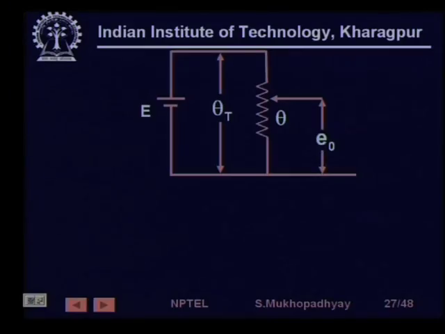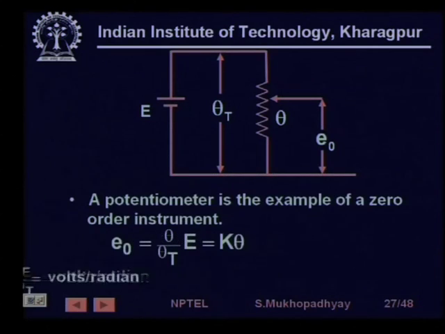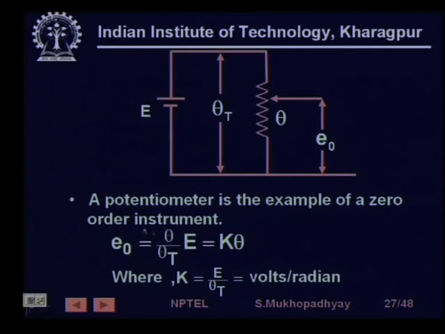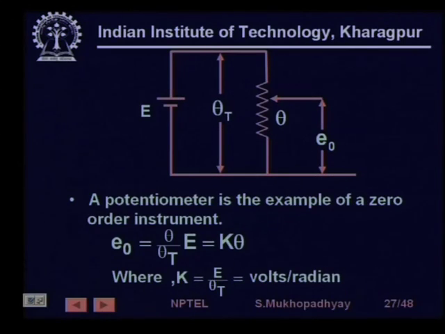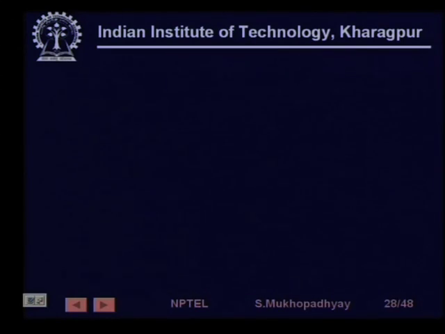The electrical behavior is so fast compared to that, you can just assume it to be a pure resistance, and then you have what is known as a zero order characteristic. So, the output voltage will be directly proportional to the displacement theta, let us say angular displacement. Potentiometers can be angular as well as linear. So the sensitivity of the potentiometer is volts per radian.